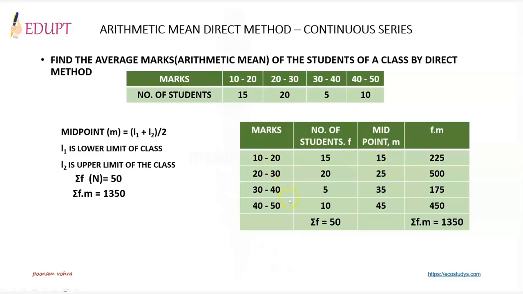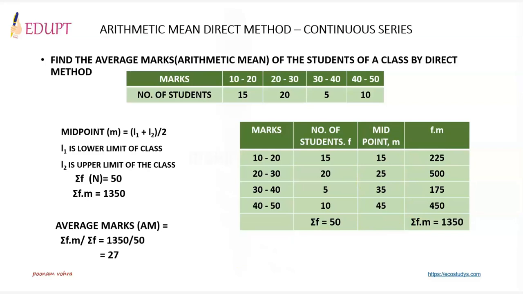Similarly, one can find the midpoint for each class interval, and then find the summation of frequency by totaling all the number of students as given, and midpoint multiplied with frequency, that is 15 into 15, 225, and so on, and then have the summation of frequency and midpoint.